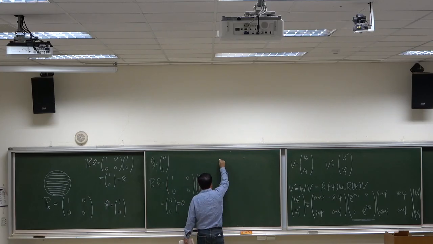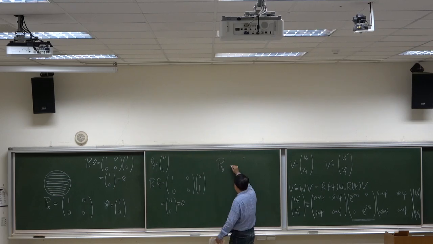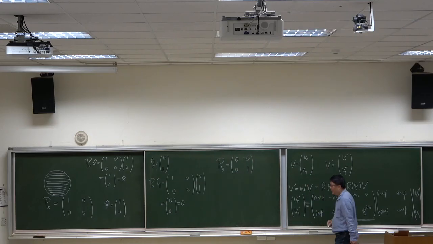So now you can easily understand the y polarizer can be represented as this matrix. Okay?